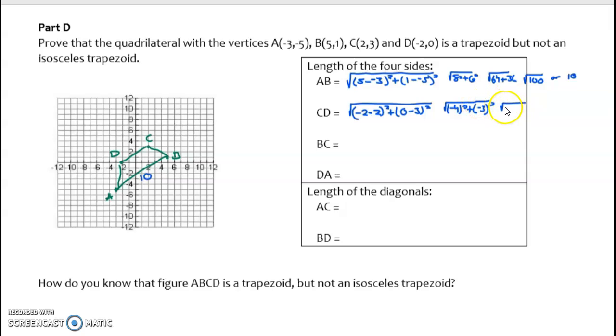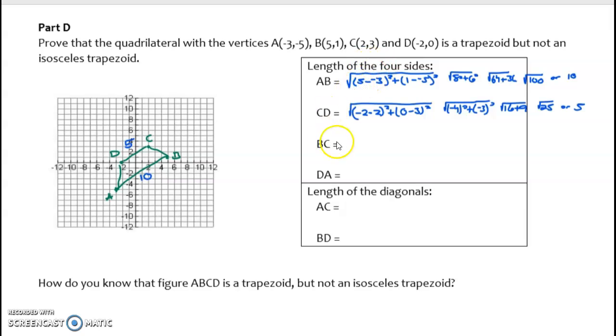So that's going to take us up to 16 plus 9, which gives us 25. So the square root of 25 is a nice 5. So CD is going to be 5, and we're going to go ahead and label that 5.